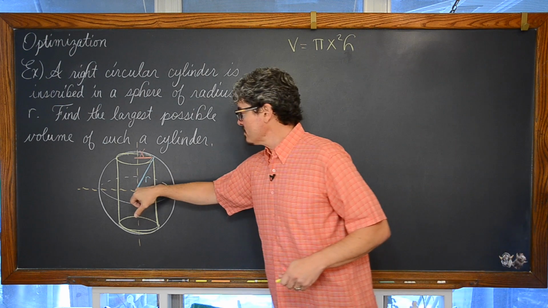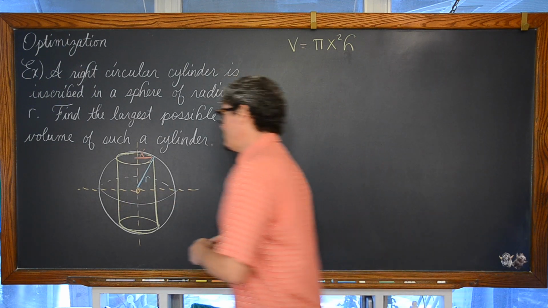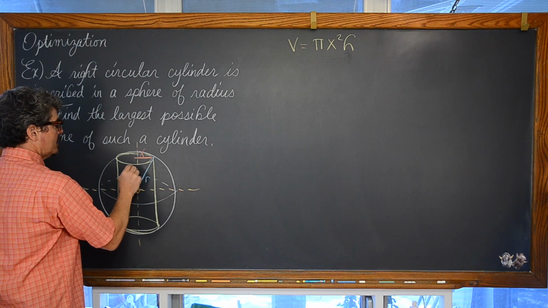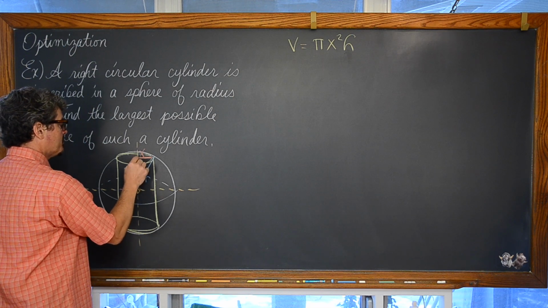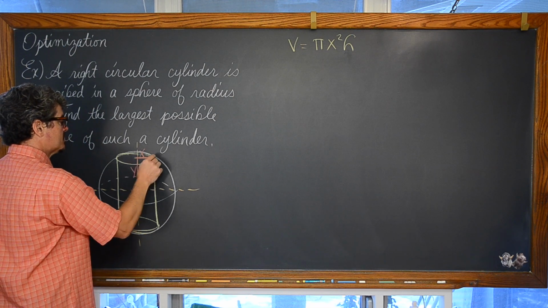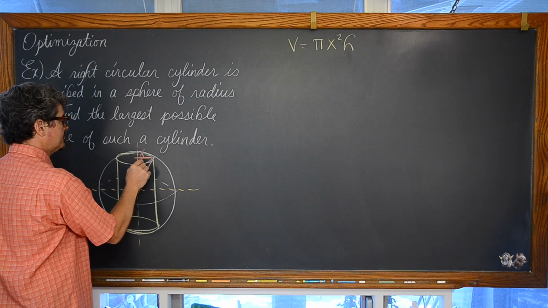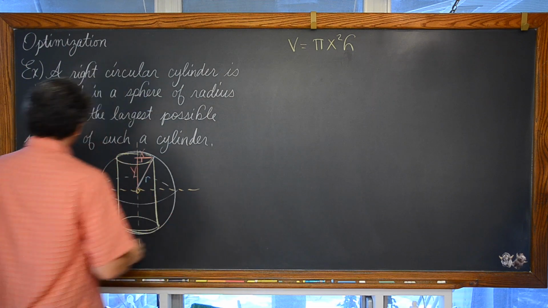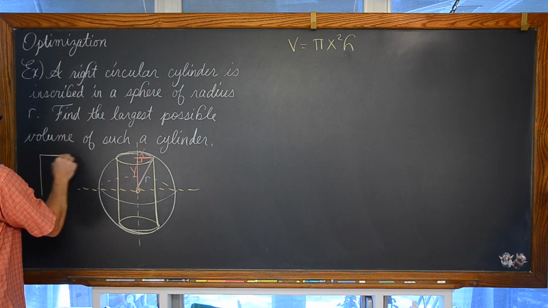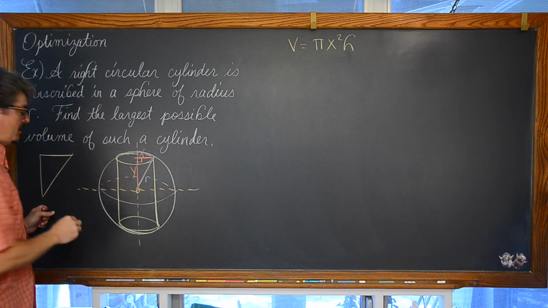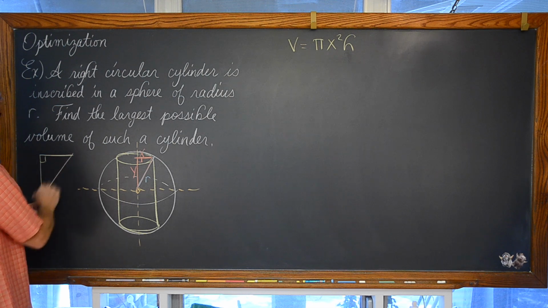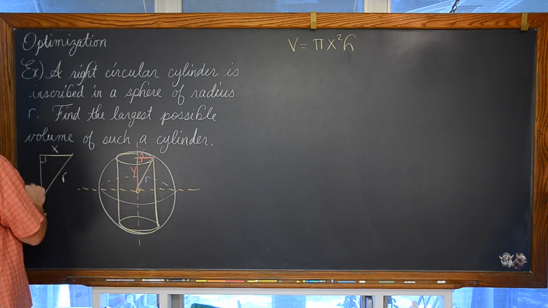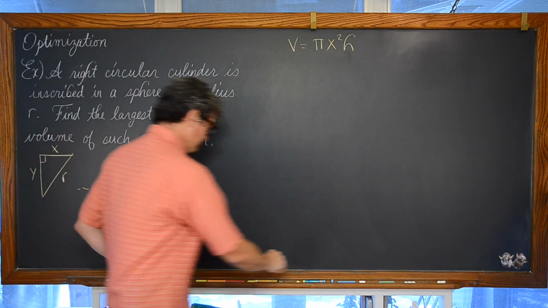If I have the origin at the center of the sphere, then our vertical distance is labeled y, and we're really working with this little right triangle right here. Pulling that out to the side, we have a right triangle whose hypotenuse is the radius of the sphere, with a horizontal distance of x and a vertical distance of y.